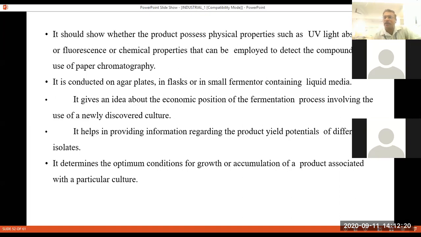But after the downstream processing, if I get 10 grams of vitamin B12, for example, now the cost of 1 kg of vitamin B12 as commercially available in the market will be 7 lakhs to 9 lakhs. 1 kilo of vitamin B12 is 7 to 9 lakh rupees per kilo. Now see here the cost of your 10 grams.